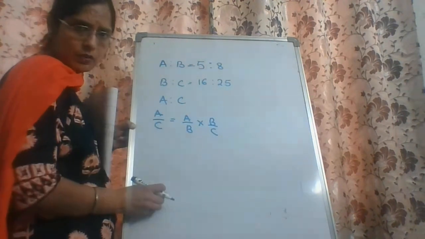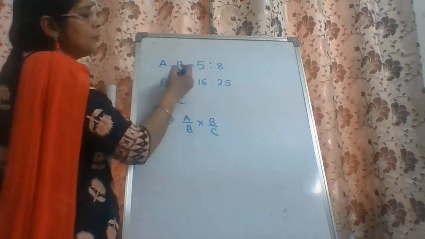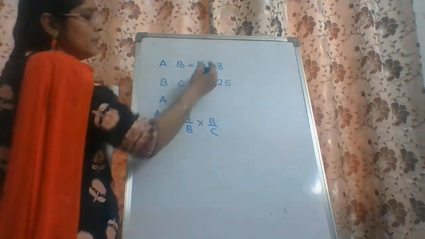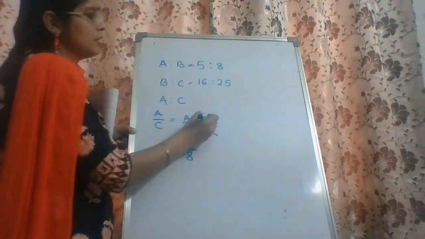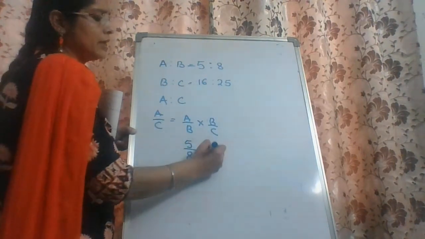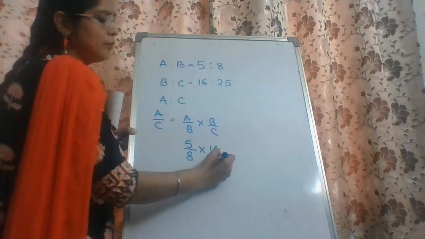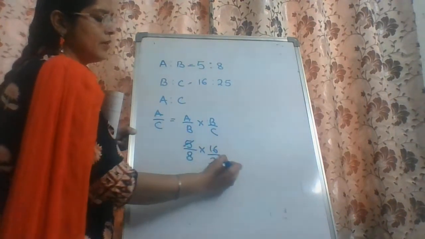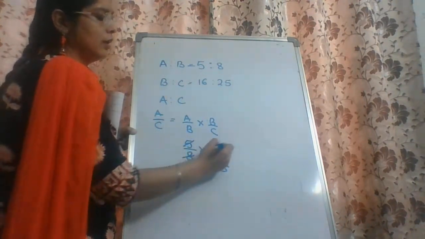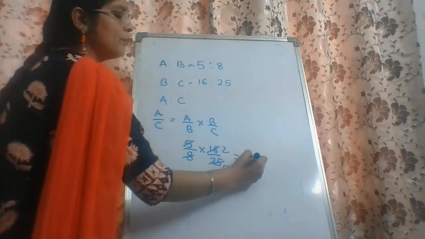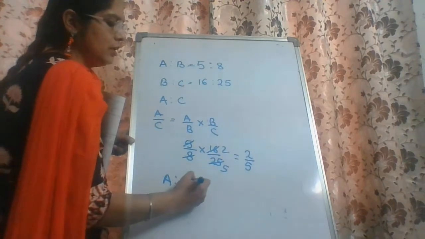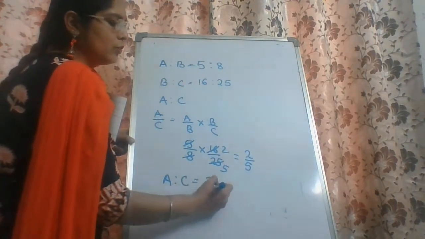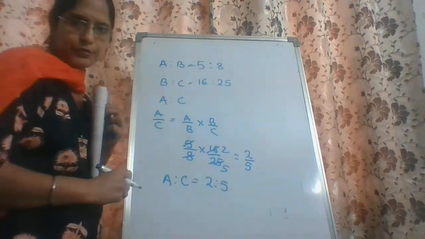I have A upon C only. So what is the value of A upon B? A is to B, which is 5 is to 8. I can write it as 5 upon 8. B is to C. I can write it as 16 upon 25. Let us simplify it. My answer is 2 upon 5, which implies A is to C is equal to 2 is to 5.